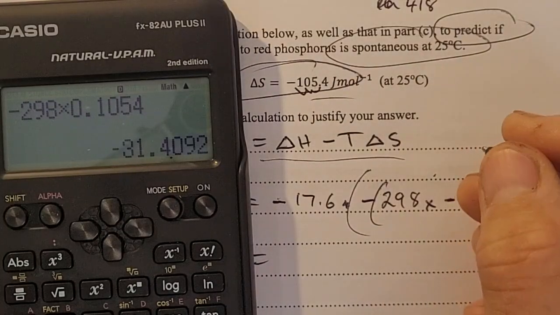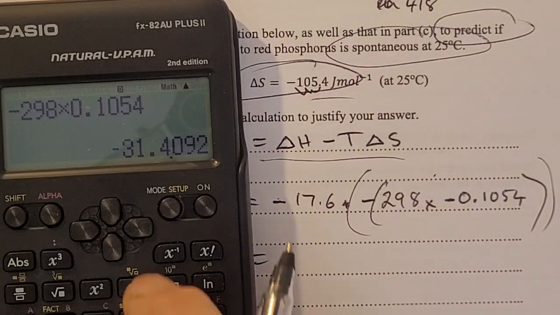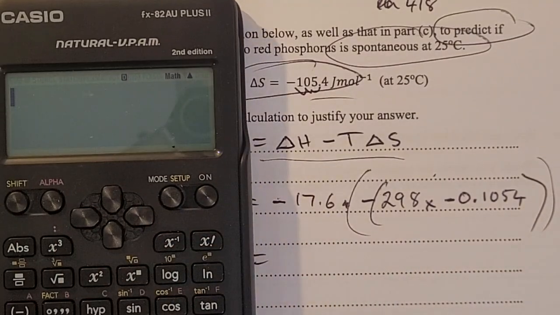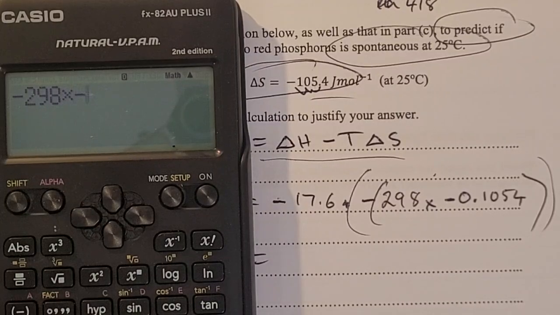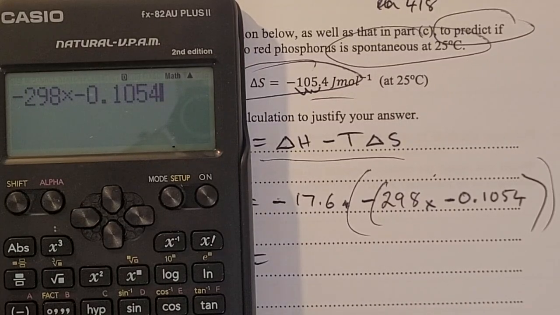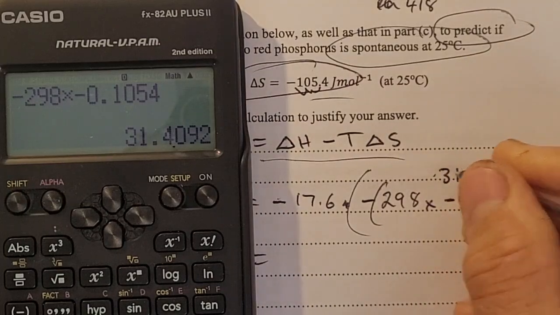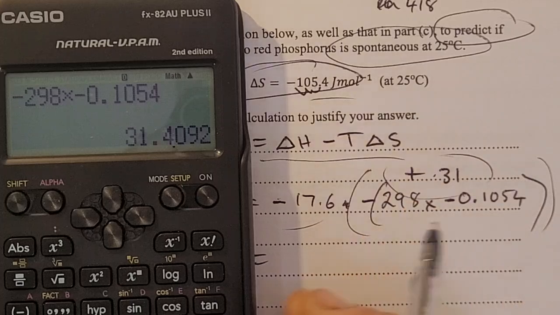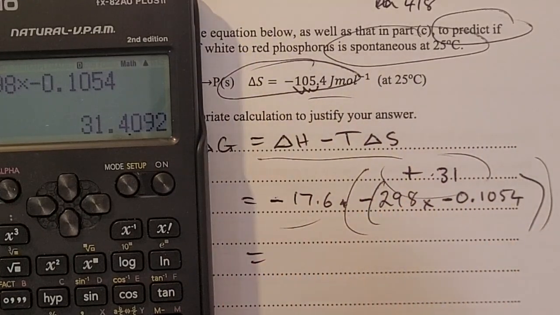So that is, like I just did then, apologies, minus 298 times minus 0.105. So that's 31. This is bigger, so plus 31 is bigger than this. So we know the answer has to be positive.